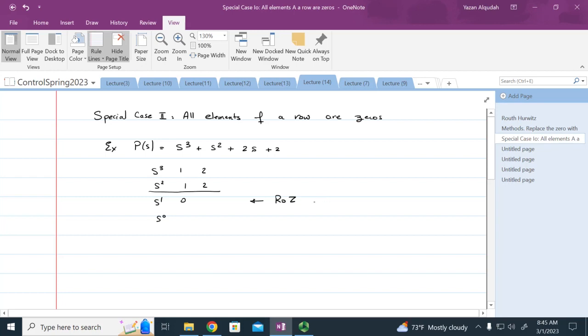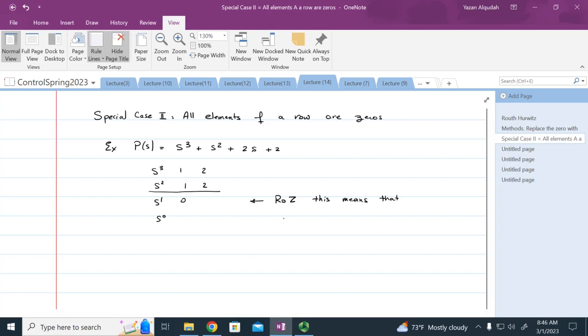And when we have a row of 0 like this, it means that the row that is above the row of 0 is a factor of the original polynomial.